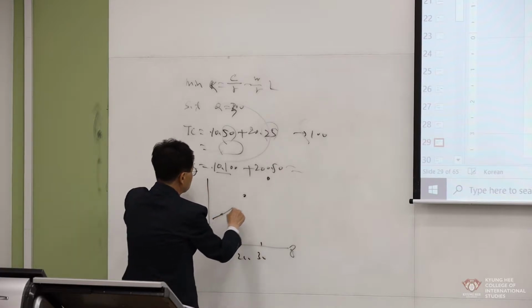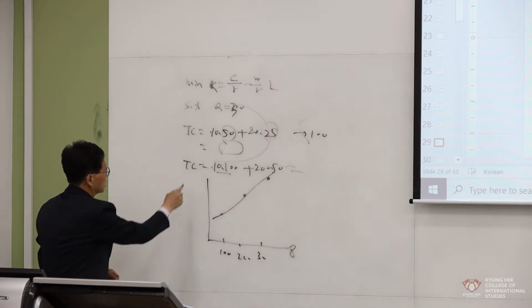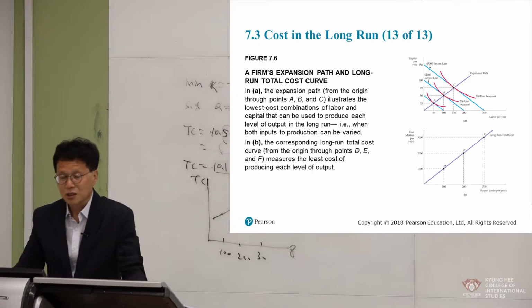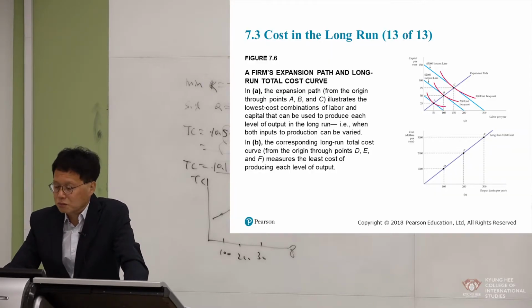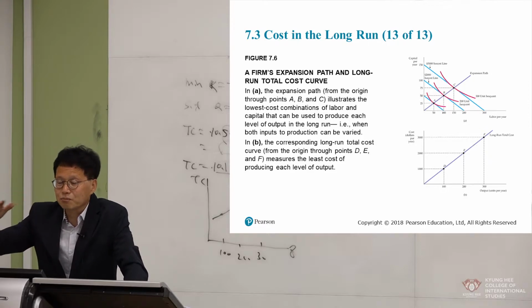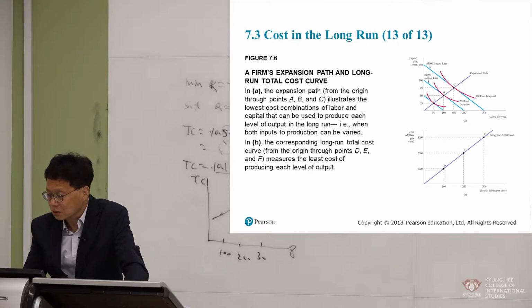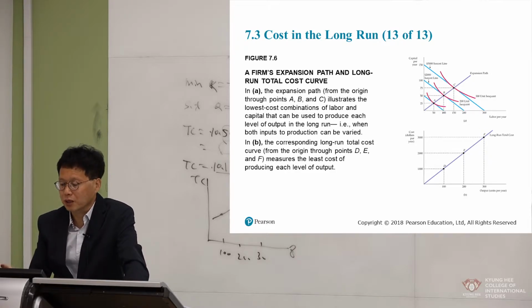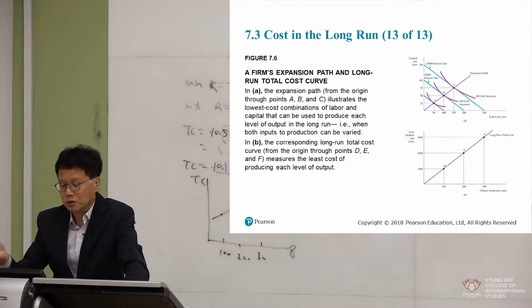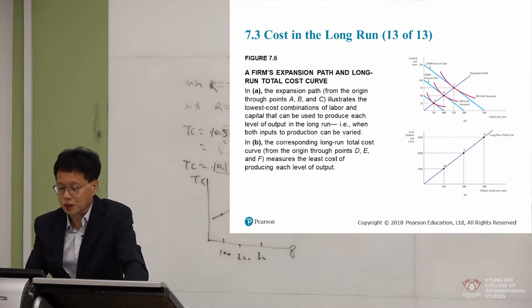If we connect these, we get this kind of total cost curve. So the total cost curve is the minimized total cost, as a solution of the cost minimization problem at each production level of Q. That is the cost curve. So I explained how minimized total cost, or simply total cost, is derived from the cost minimization problem.